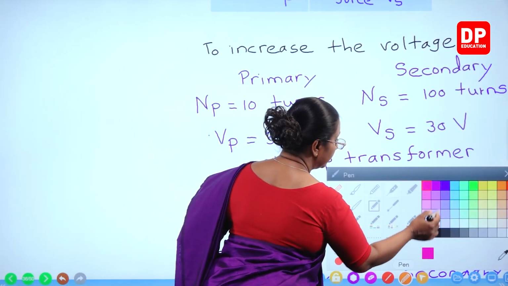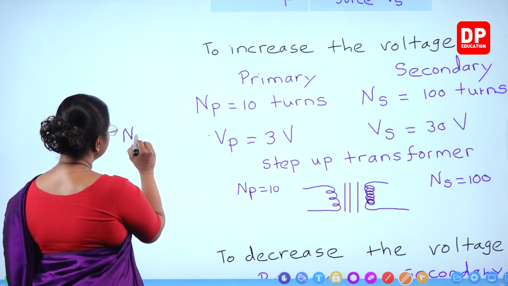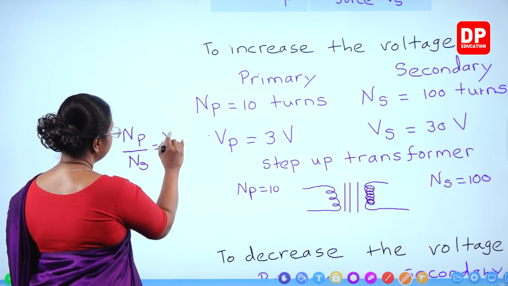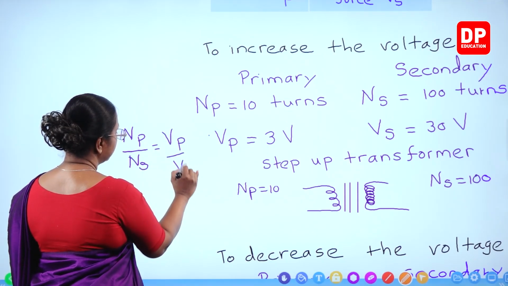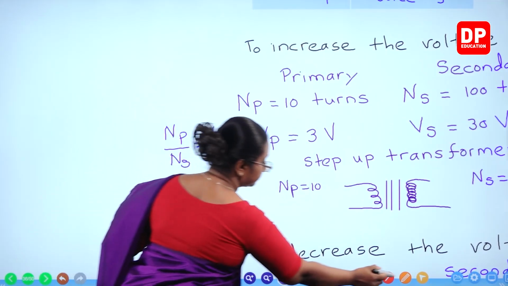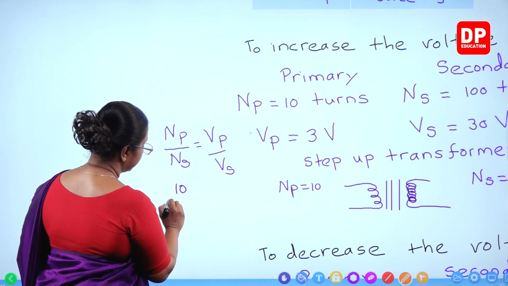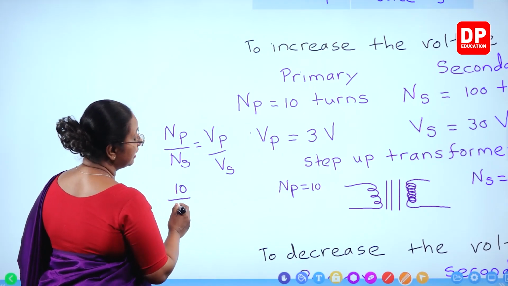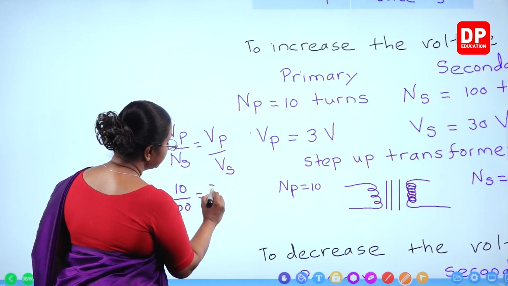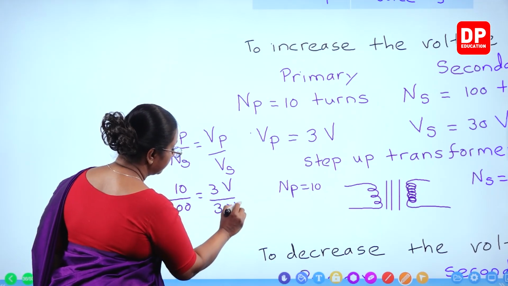If we use the equation Np over Ns equals Vp over Vs, primary 10 turns and secondary 100 turns, primary voltage 3 volts, secondary voltage 30 volts.